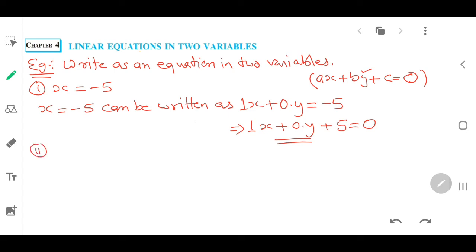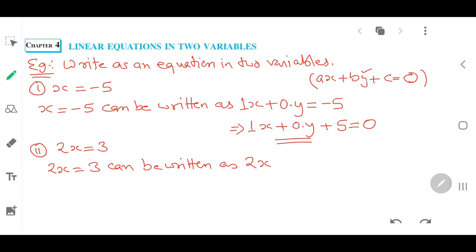So one more sum we can see. Twice x equal 3. So the value of x is already given as 2. So in the equation, for ax, you have to write twice x. Again here you see the value of the second variable, that is y, is not given.